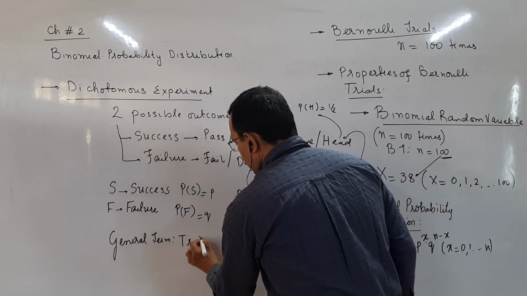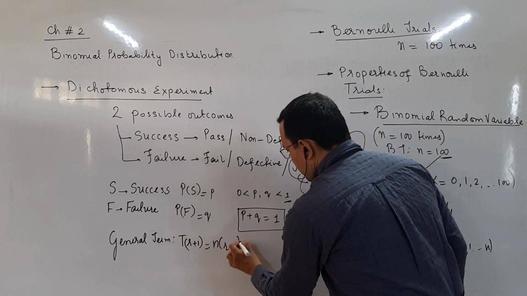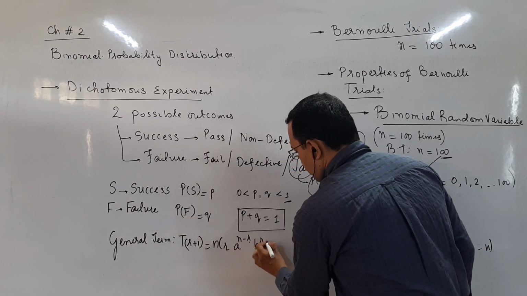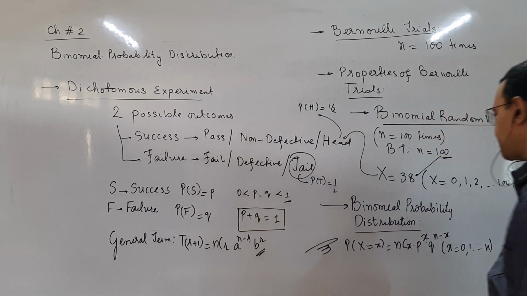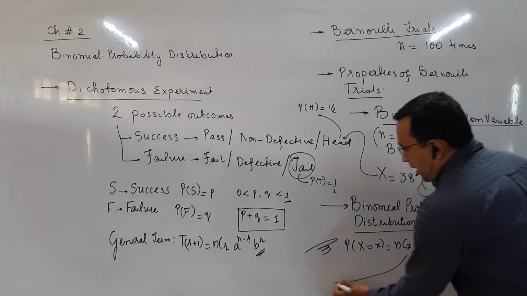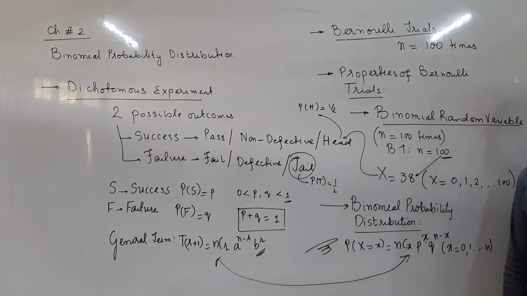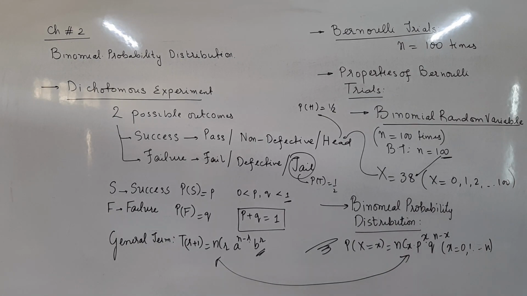Refer to your 11th standard textbook. It was like this: nCr a raised to n minus r b raised to r. So based on this only, the binomial probability distribution formula is derived. Refer to your 11th standard textbook, chapter 6, exercise 6.3. So this we have to remember.